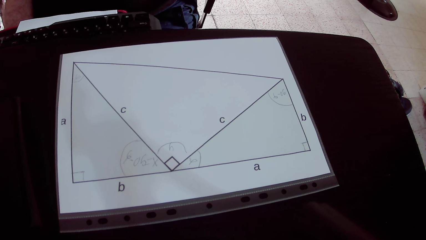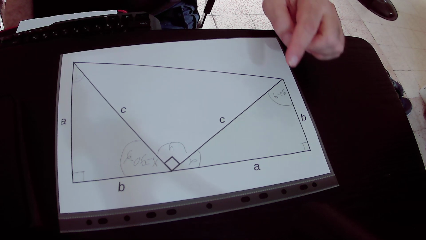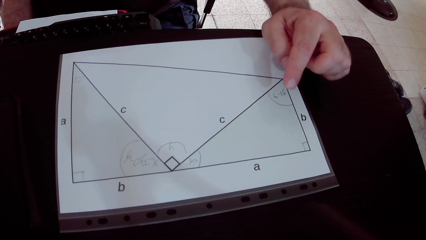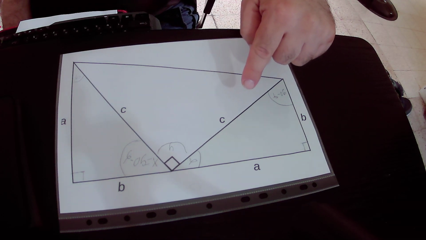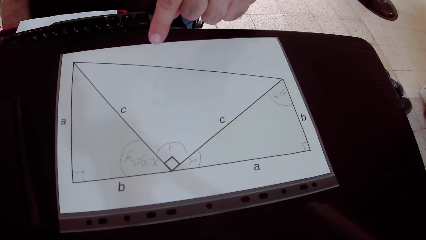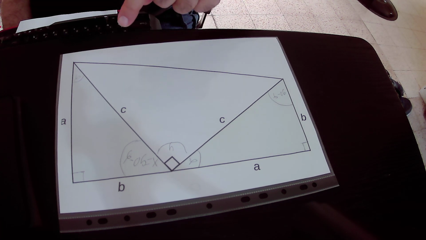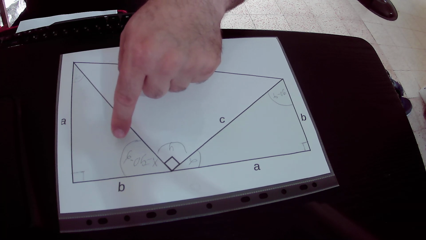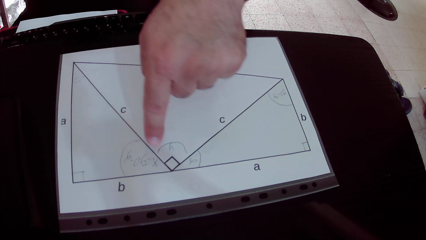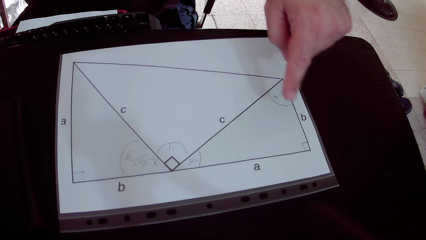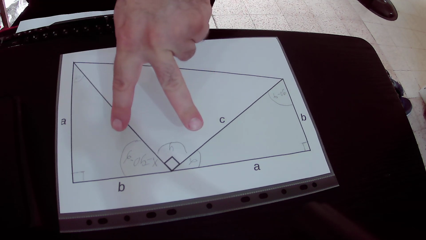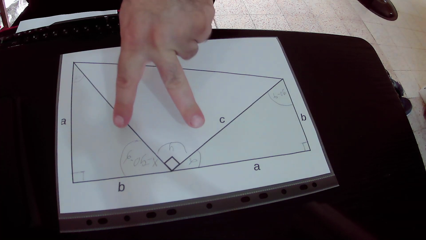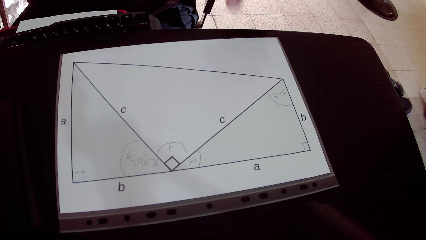And since the third side of triangle ABC on the right is C, then because of the overlap of the two triangles, the third side of triangle ABC on the left side is also C, because those two right triangles coincide.